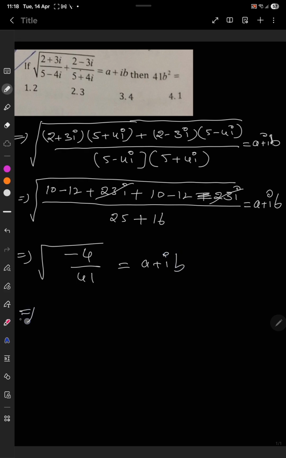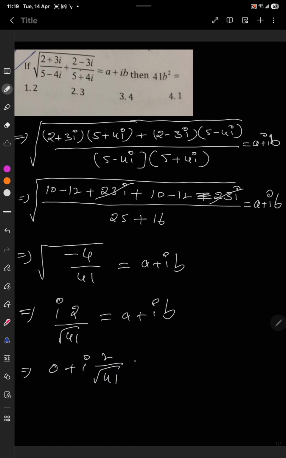So root of minus 1 is i, so that is i. Root 4 is 2 by root 41, that is equal to a plus ib. So we write LHS in the form of 0 plus i, 2 by root 41 equal to a plus ib.